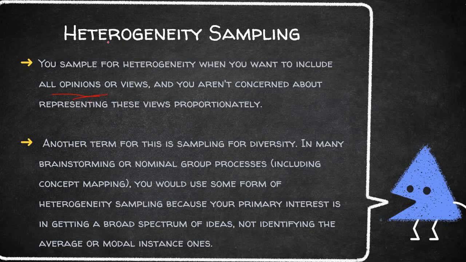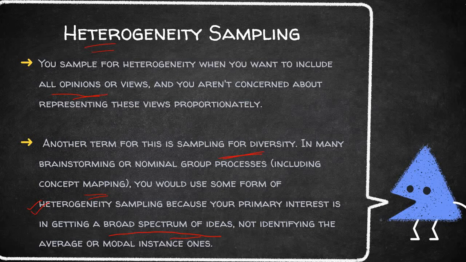We also know this sampling by another name, sampling for diversity. A typical brainstorming session or nominal group session, including concept mapping, could use some form of heterogeneity sampling. Why? Because your primary interest is getting a broad spectrum of ideas, not identifying average or modal instance ones. So we are not interested in the typical case.